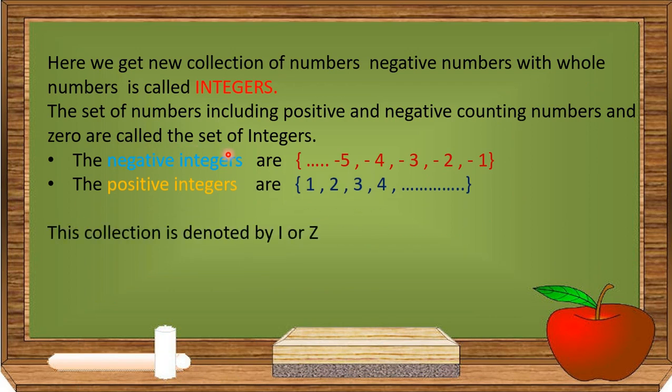So this collection of positive and negative integers with 0 is known as the set or collection of integers, denoted by I or Z. So we write Z is equal to minus infinity up to minus 3, minus 2, minus 1, 0, 1, 2, 3 up to infinity. So this Z represents the collection of integers. So what is an integer? Integers are the collection of whole numbers with the negatives of all natural numbers.